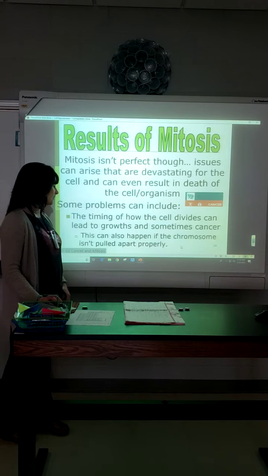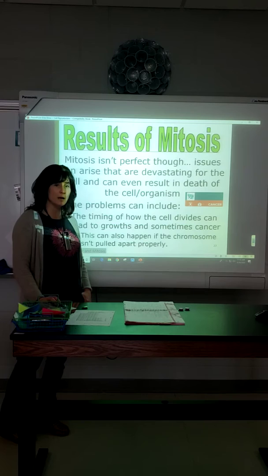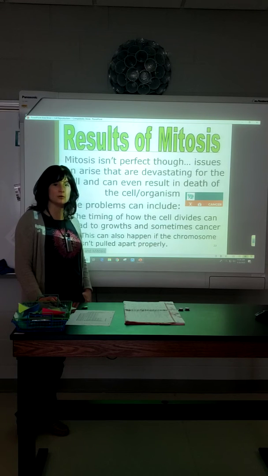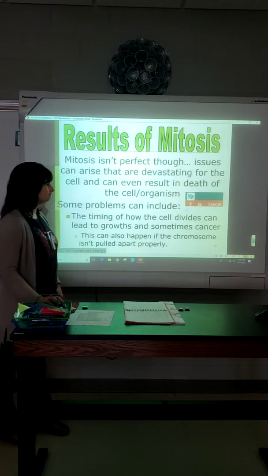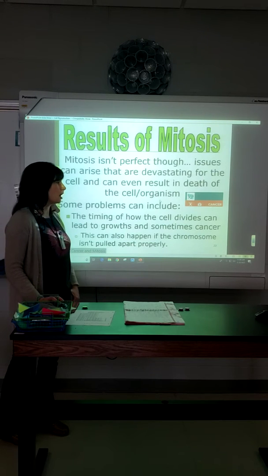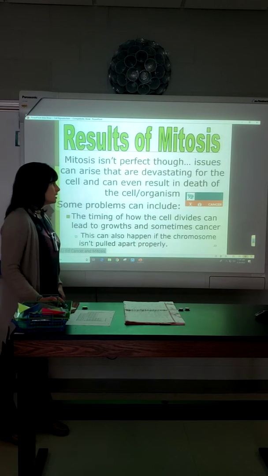And so we can also have errors if the chromosomes don't pull apart properly, the DNA doesn't copy correctly. There's just lots of possibilities or issues that can happen. A lot of opportunity for issues to happen.